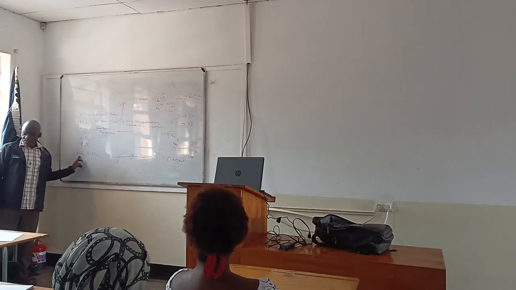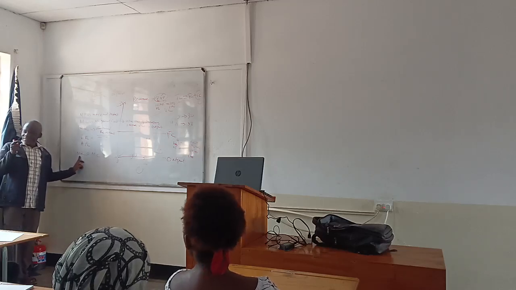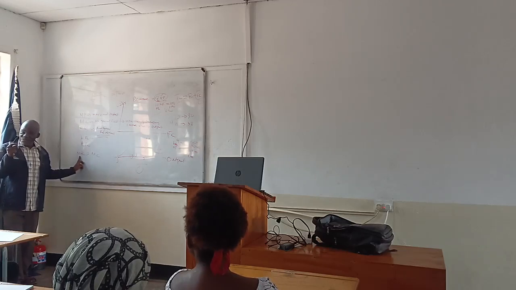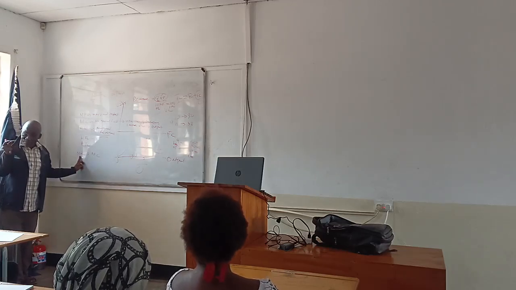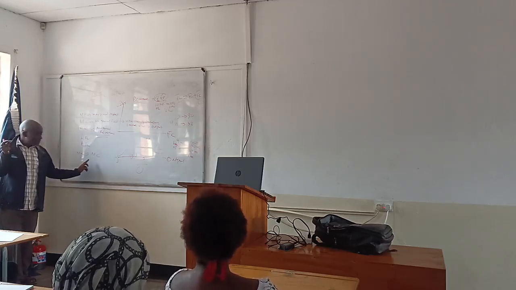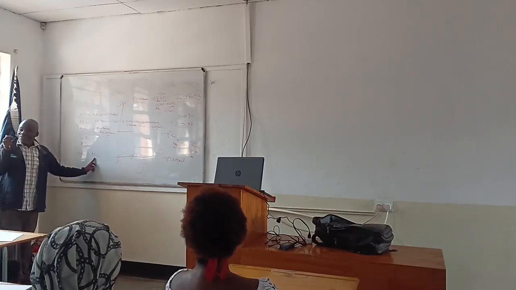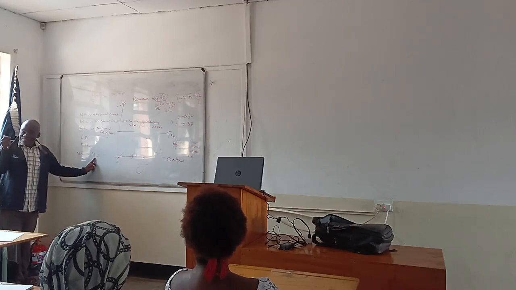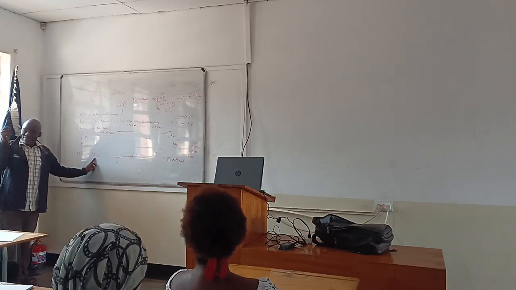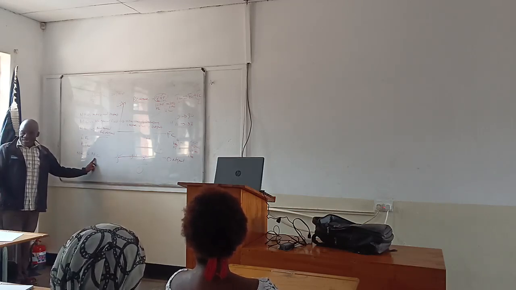What is marginal revenue? The money you get by selling one more output. Okay? What is your marginal cost? The cost that you incur by increasing your output by one item.